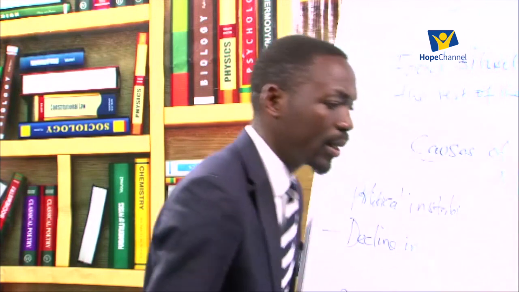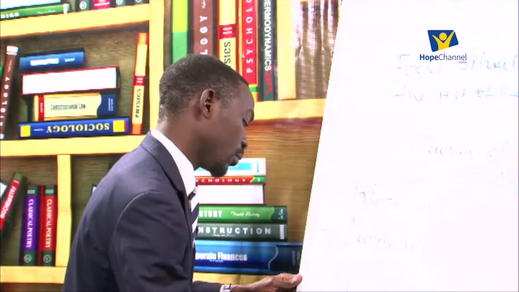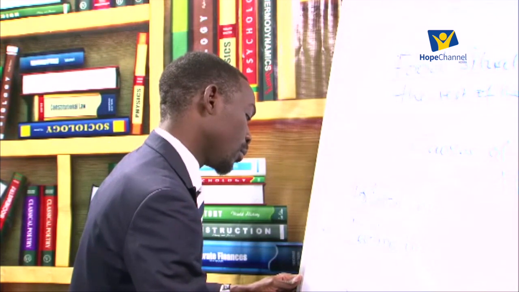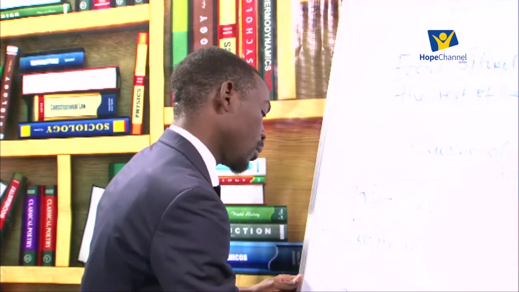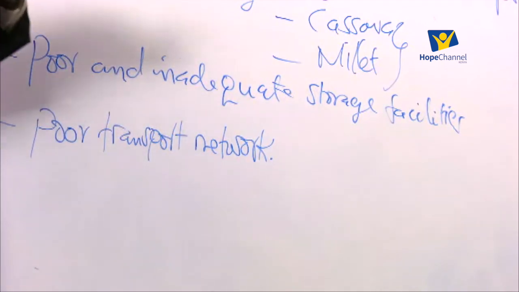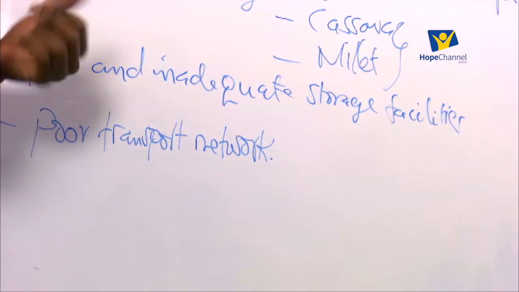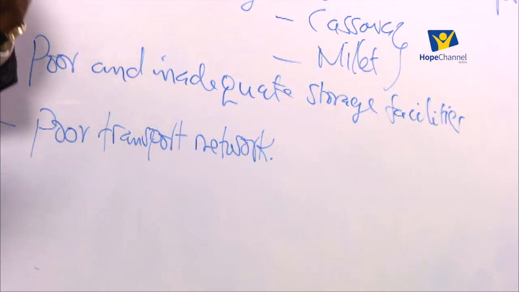The next one we talked about is poor transport network. Why? Because poor transport leads to uneven distribution of food. So there are some places the government may not be able to reach. For example, maybe they want to give aid in terms of food, so you realize that they'll not be able to go to such places.